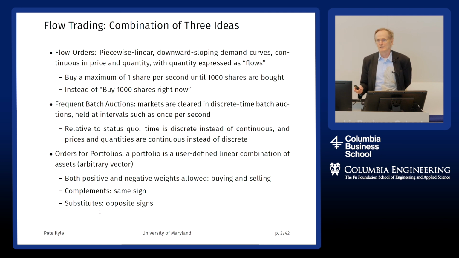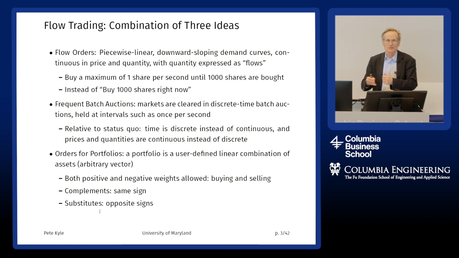The second idea is frequent batch auctions. So what does that mean? That means rather than processing one order at a time, you let orders accumulate, and then you process a batch of orders at some predetermined time. And just for the sake of discussion, we're going to have the batching interval be 1 second. So every second there will be an auction.